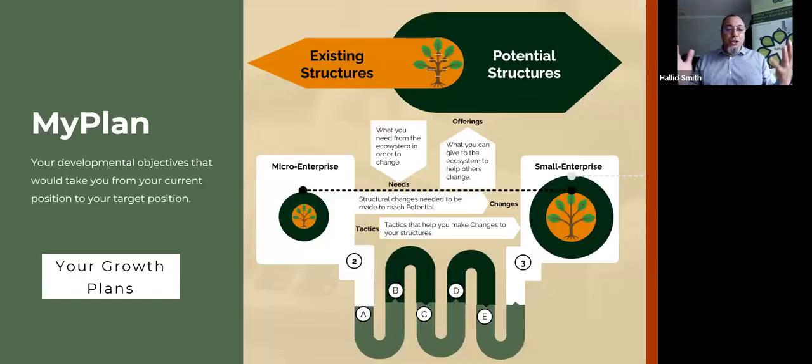Okay. And then the whole purpose is to develop that plan, right? Tactics, a clear structure that you're able to measure over time. And this is what we do in the sessions that we have with businesses. We try and identify, great, this is where you are, here are potential structures that we could change and improve.